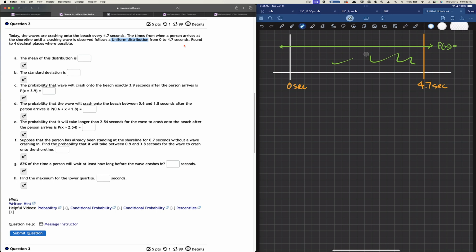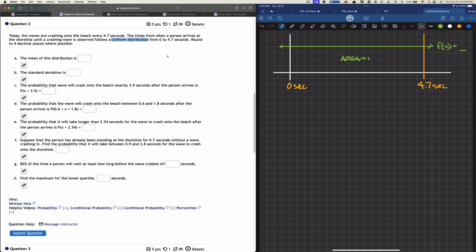I'm going to erase these squiggles because I need space to write and draw. Okay. So before we even get going with the questions being asked, let's finish drawing our uniform distribution. I understand the area of this rectangle is equal to 1.